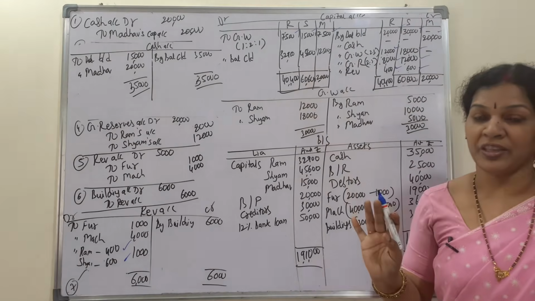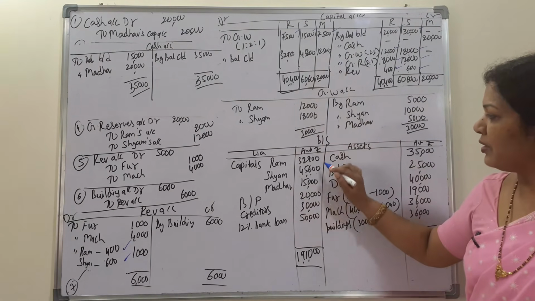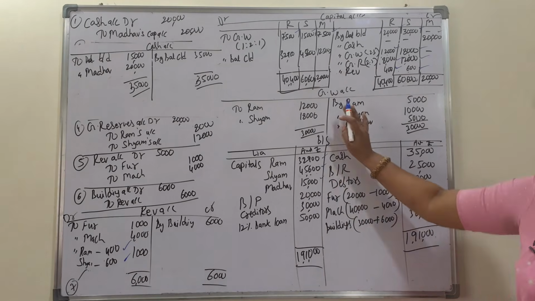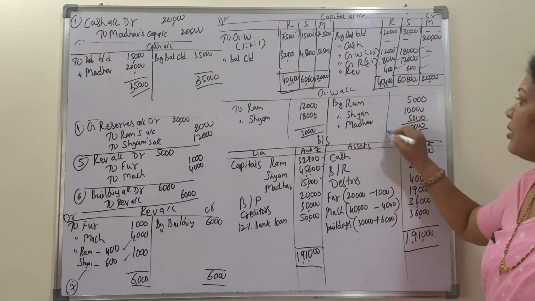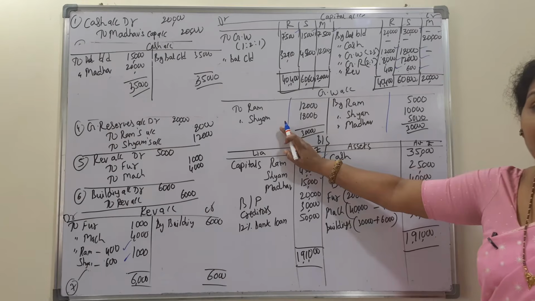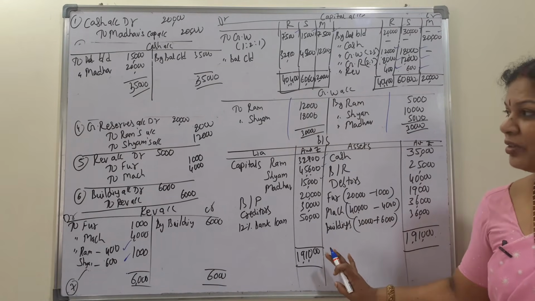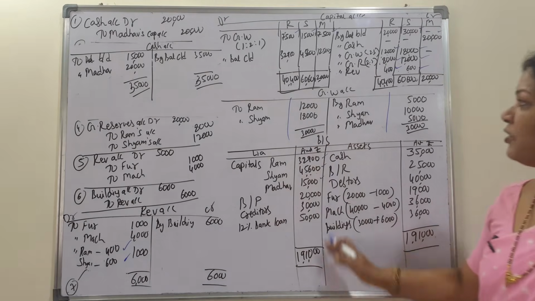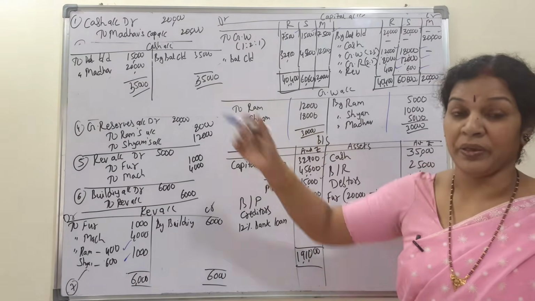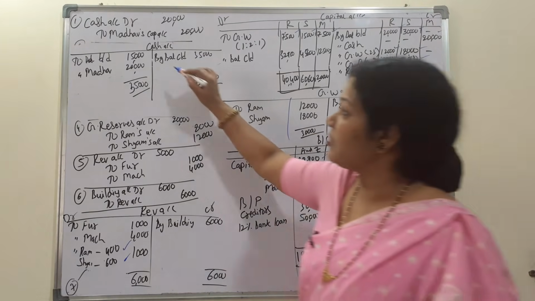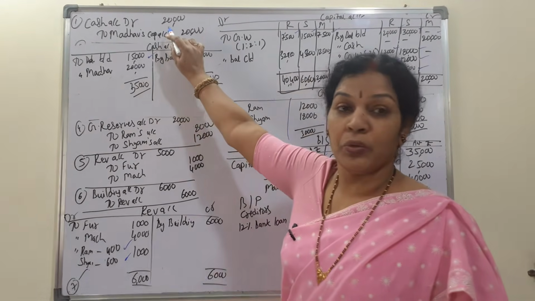We got balance carried on. So this we have written here, 32,900, 45,600 and 15,000. Goodwill account also we have created. So created goodwill and written off goodwill over. So this will not appear in the balance sheet, that's all. And balance sheet we have opened, and cash account also we have opened. We have only one transaction apart from the opening cash. Opening cash is this much, and Madhav got the cash.